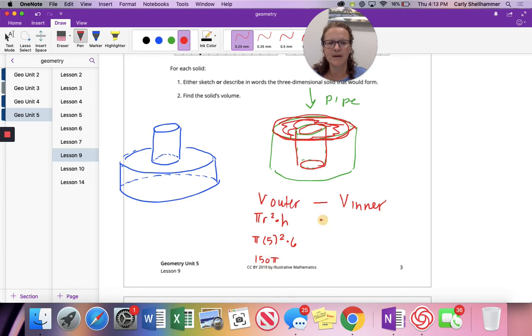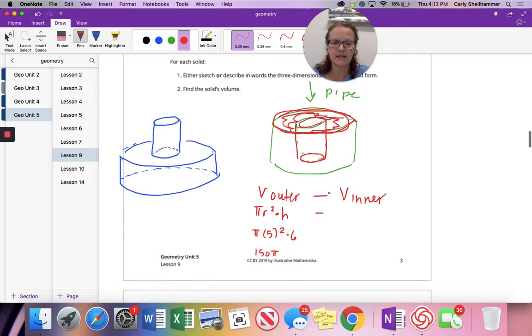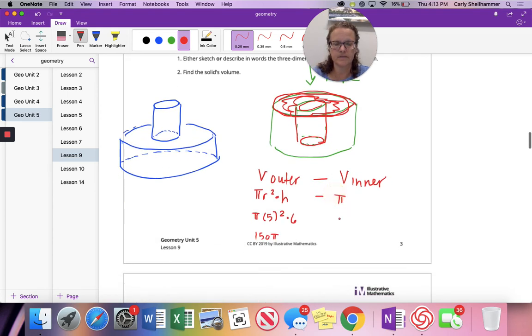We just leave the pi there. And the volume of the inner, which is radius 3, height 6, is 9 times 6, which is 54. Now if we subtract those, we leave the pi, and we just subtract 150 minus 54, which is 96 pi units cubed.